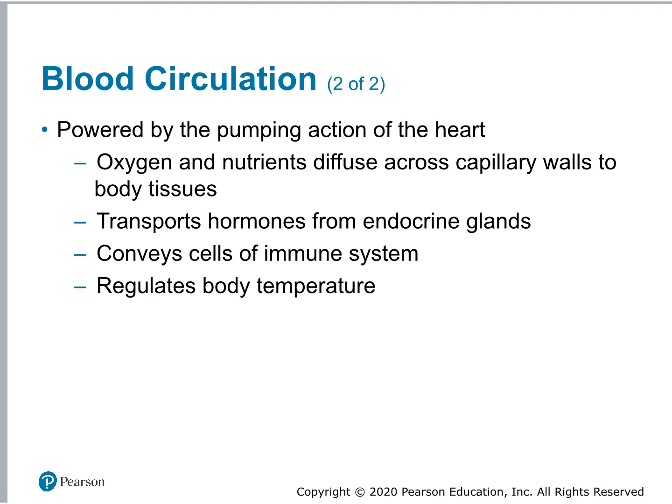But one of the things we don't think about is regulating body temperature. Heat can be carried by the plasma, the fluid of the blood, and then the blood can carry that heat to the surface, and that's whenever the capillaries of the skin will open up and allow heat to escape whenever the body temperature gets too high.